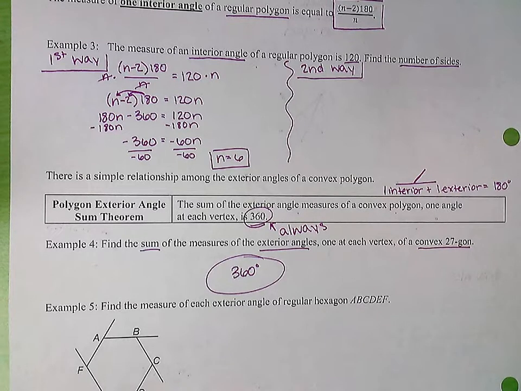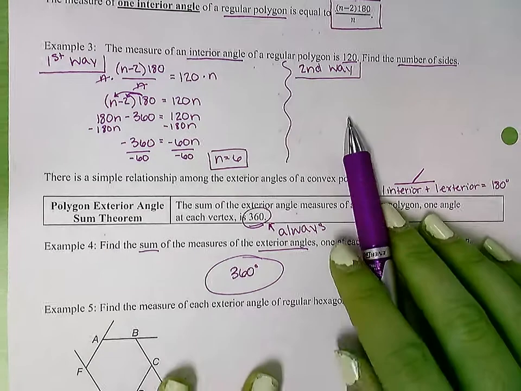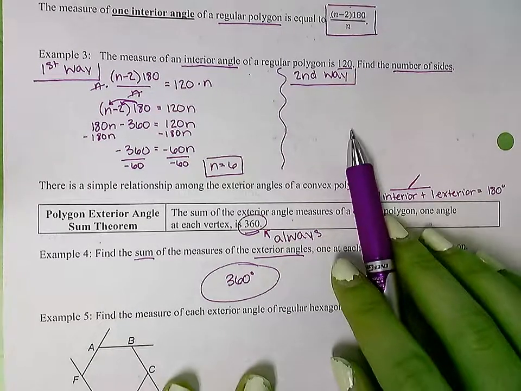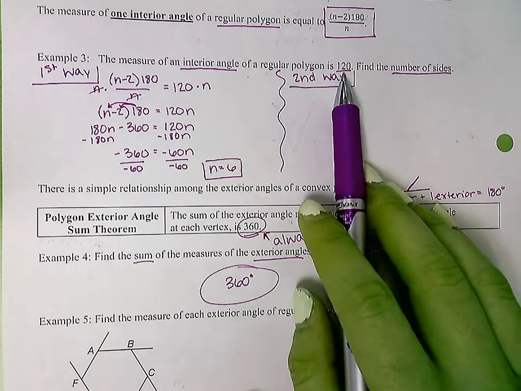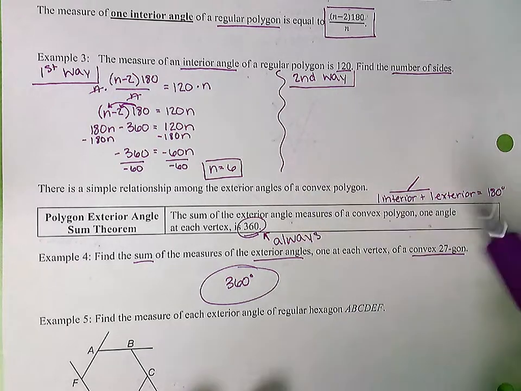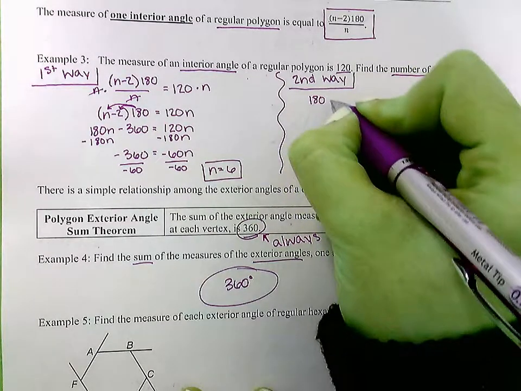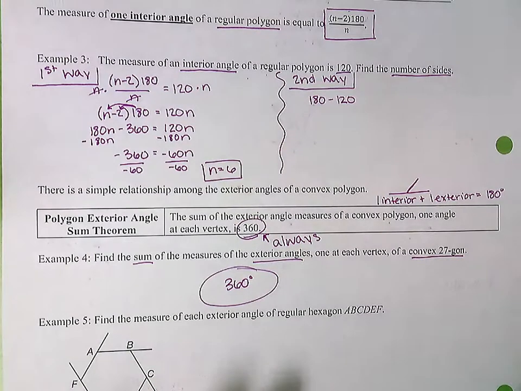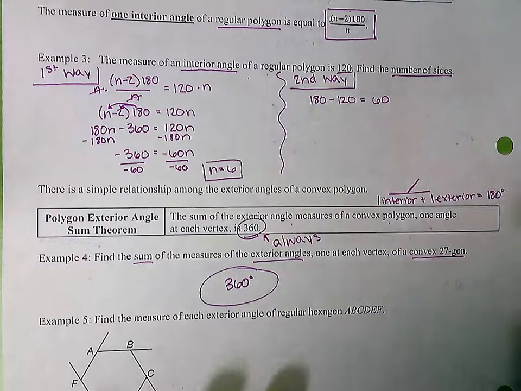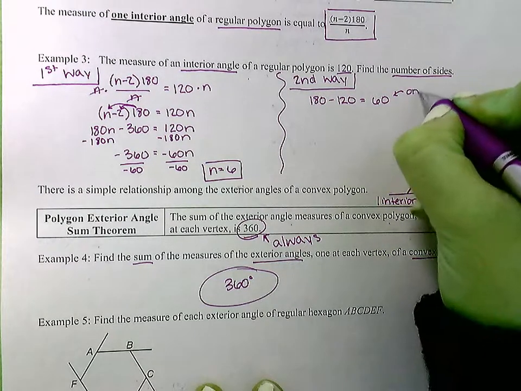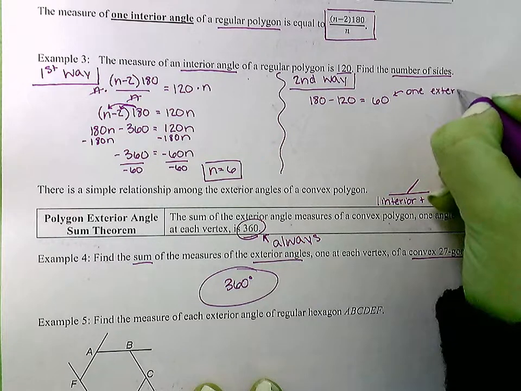So if I'm given one interior, I can find the exterior, right? Okay? This is going to be our second way in this problem here. So if I have one interior angle is 120, I can take 180 minus 120 equals 60. Okay, so this is your one exterior.